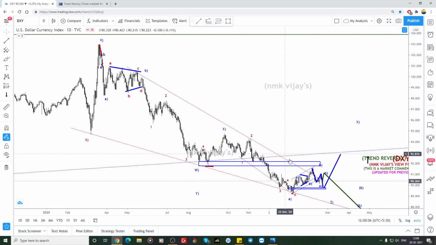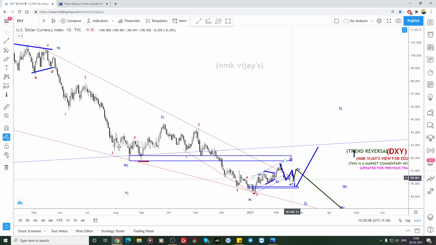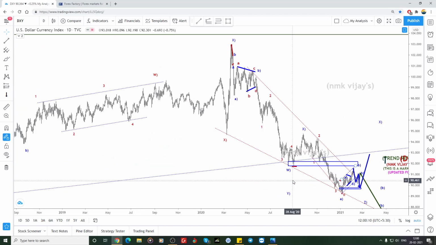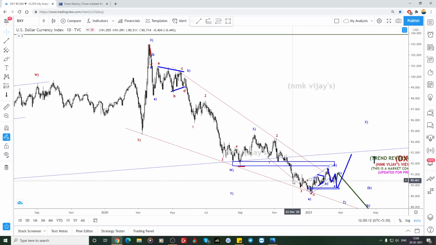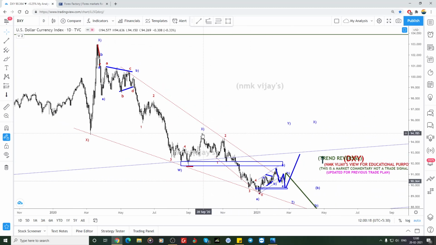So we have to keep changing our wave count according to the price action. It's purely a chess game. That is the only thing I know, and I'm just telling everybody, don't stick to your wave count, and don't stick to my wave count also. So now I'm just changing my wave count, right?